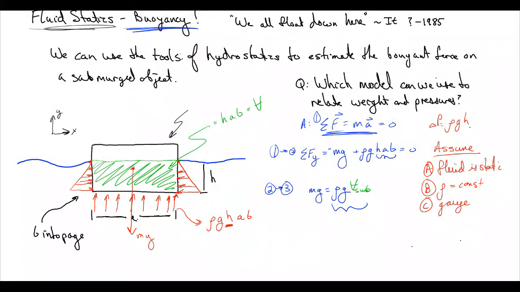Oh, I never spell that right. Sorry. B-O-U-Y, buoyant force, and this is the weight of the object. So, as we would expect for anything that floats, the buoyant force is equal to the weight, right?